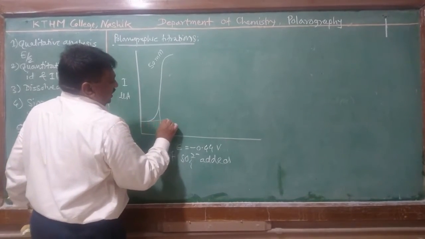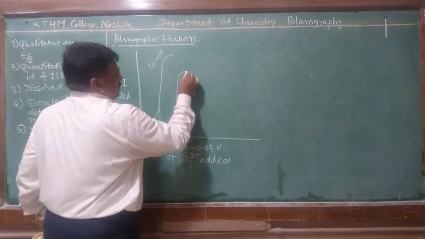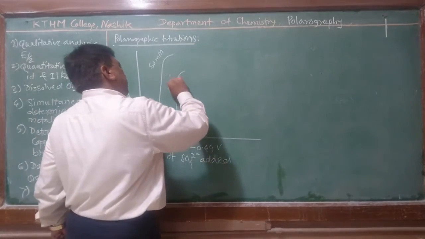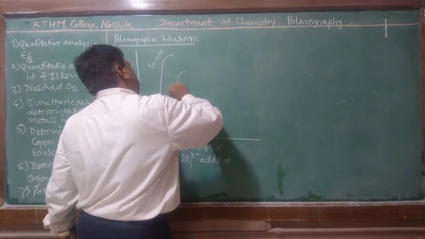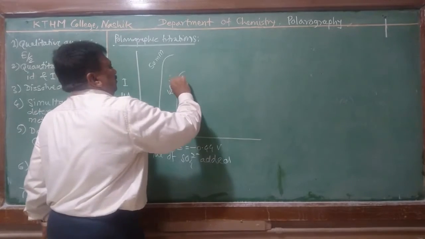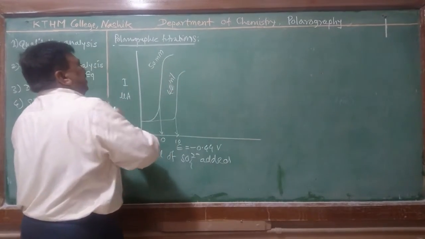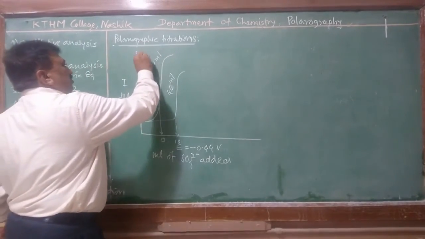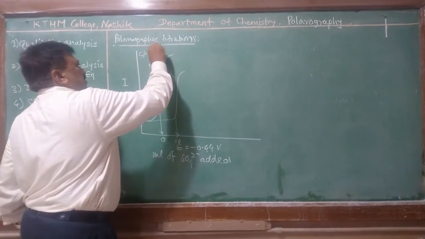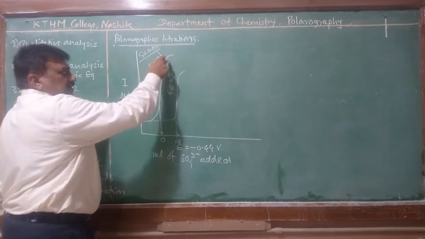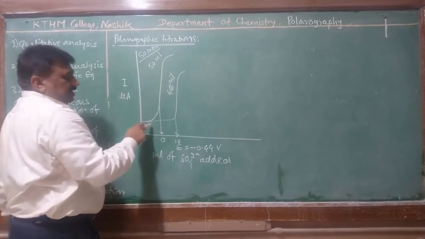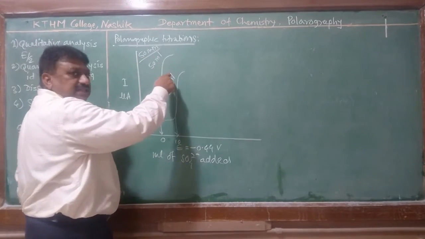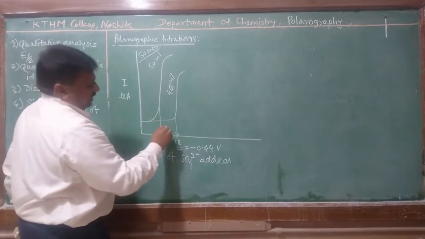Then the diffusion current decreases when 10 ml sulfate is added. That means only 40 ml of the 50 millimole solution remains unreacted, therefore the diffusion current decreases.